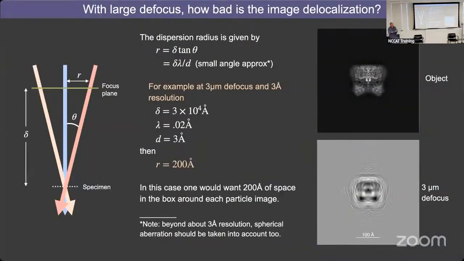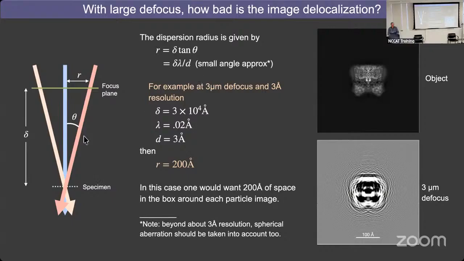Okay, so I mentioned this issue of delocalization, and we can calculate how big the delocalization is going to be. If I turn up the contrast on this image, you can see that there are fringes that go out quite a distance from the center of the image of my object, and we can calculate how far these fringes are going to be.